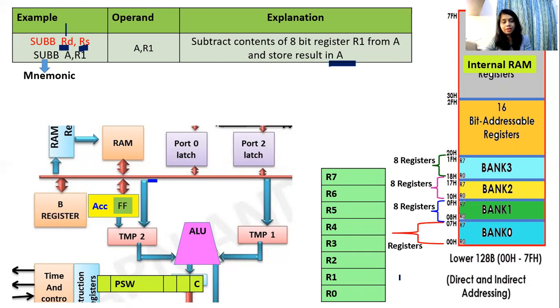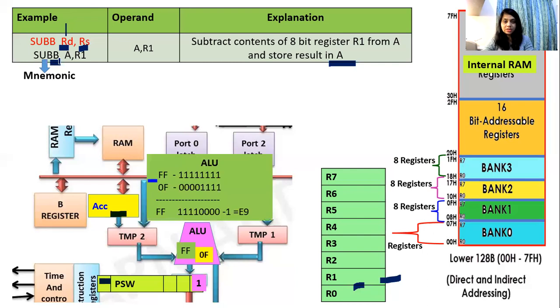Again, where is R1? R1 is here. What does this instruction do? Suppose this is accumulator. Accumulator holds FF and R1 holds 0F. Now this is subtract instruction. So arithmetic and logical unit will subtract these two numbers. Suppose carry flag is 1. This is processor status word and carry flag is 1 because it is not simple subtract. It is subtract with borrow. So it will take contents of accumulator, that is FF minus 0F.